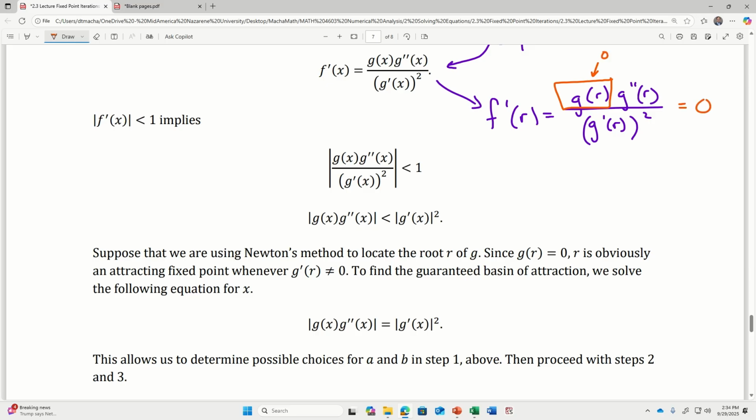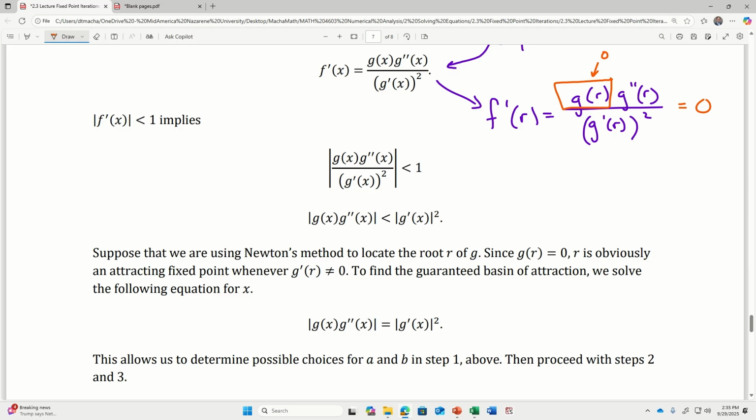And 0 times anything is 0. As long as g prime is not 0, then that's obviously true. So as long as we're using Newton's method to locate a root, then every root of my function g is an attracting fixed point because the absolute value of f prime is less than 1. 0 is less than 1. And that's true whenever the derivative g prime is not equal to 0.